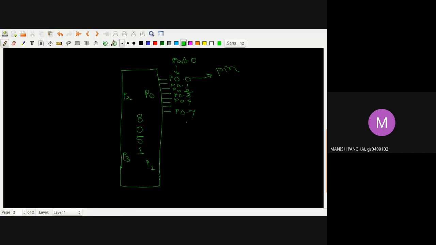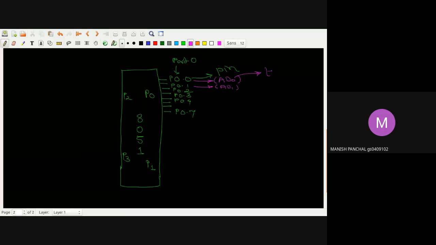Port 0 has the facility that we can use it for input and output. Apart from that, it has dual functionality: it can be used for the address and data bus also. So this is your AD0, AD1, correspondingly. If I'm saying pin 0.0, it has AD0, AD1. This is called the time division multiplexed address and data bus.